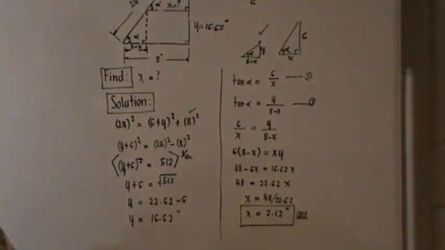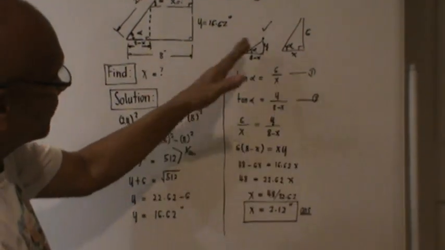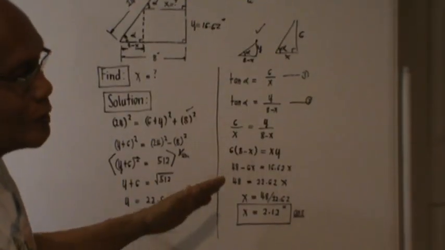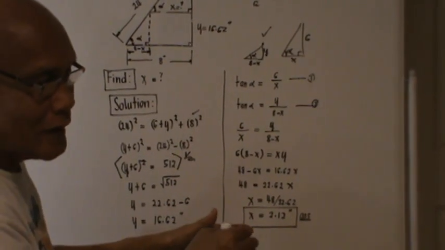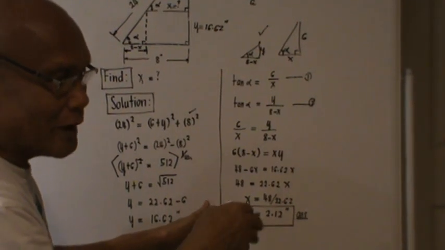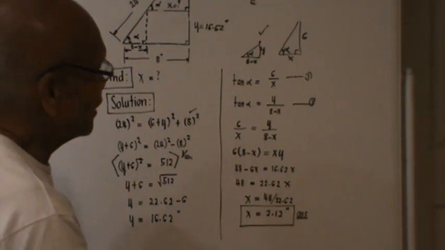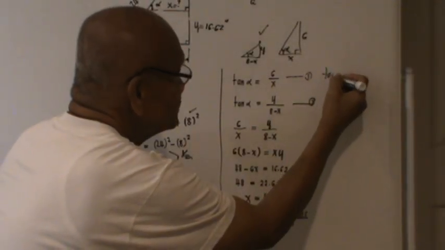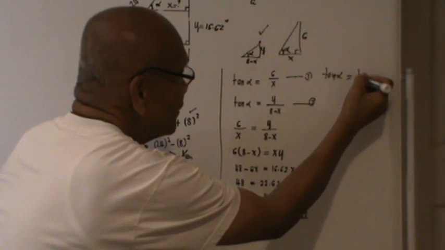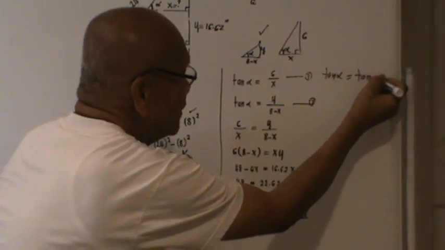Okay? Since there are 3 variables here, we must eliminate the third one to compute for the required value of x. So equating the value of tangent of alpha equal to tangent of alpha.